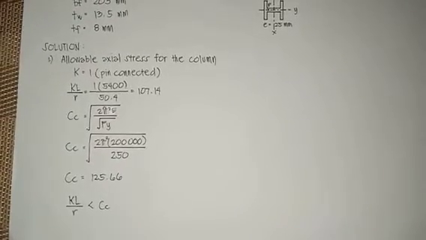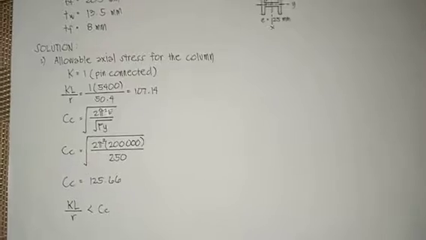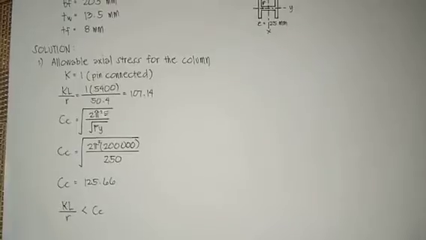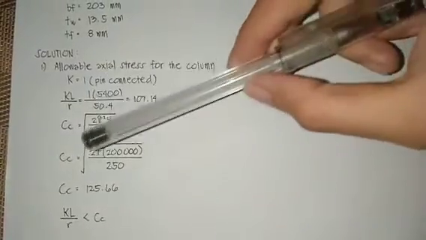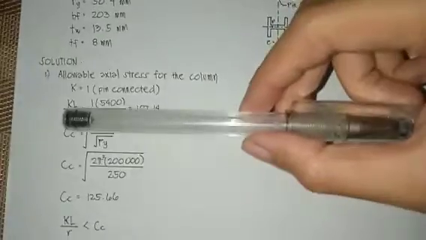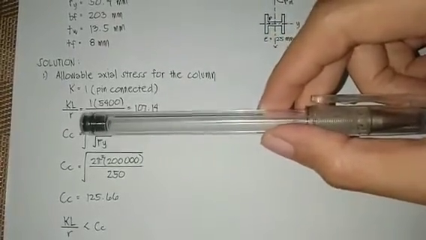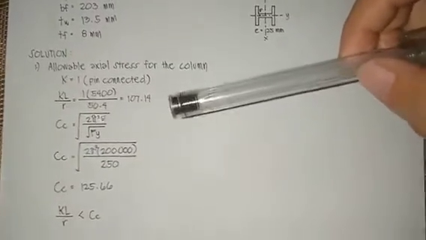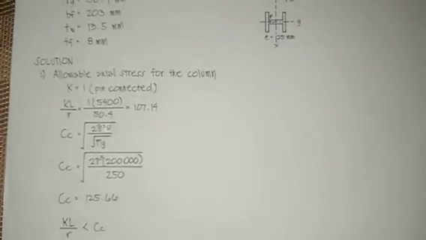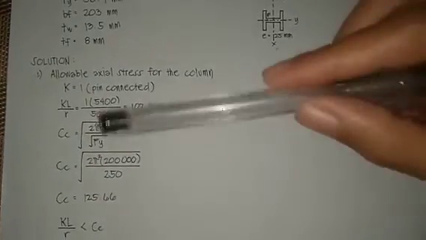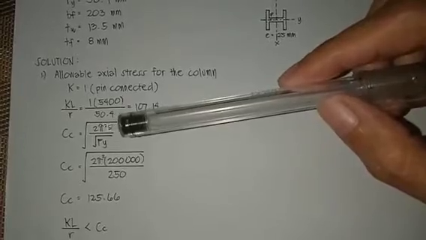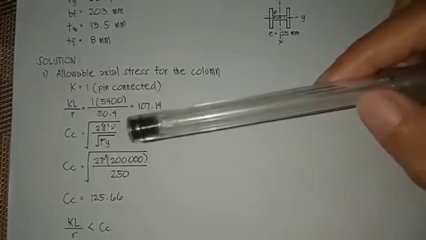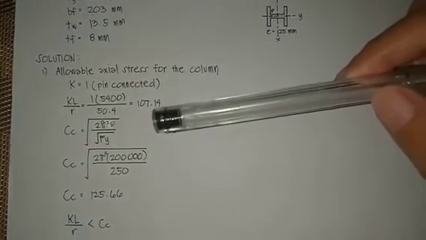Number 1 is the allowable axial stress for the column. So K is equal to 1 because it is pin connected. So KL over R, so atong K kay 1 man, so atong length kay 5,400 kay 5.4 m man siya. I-substitute to millimeters na po siya. Then 1 times 5,400 over 50.4 is equal to 107.14.